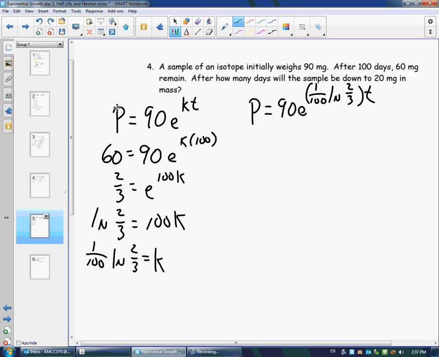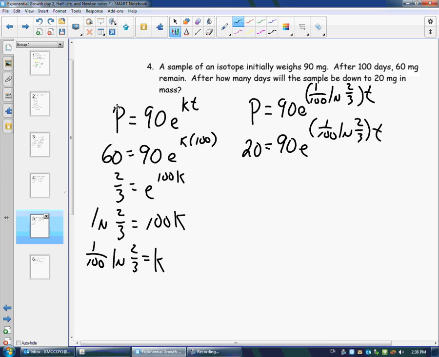So now we're looking at 20 being our new one. Okay, what's different about this kind of a problem is when it gives you a percentage, then sometimes you have to realize, well, what's the percent going to be if I have a certain percent left or what I'm down to. You just got to be really careful on the wording on that one.